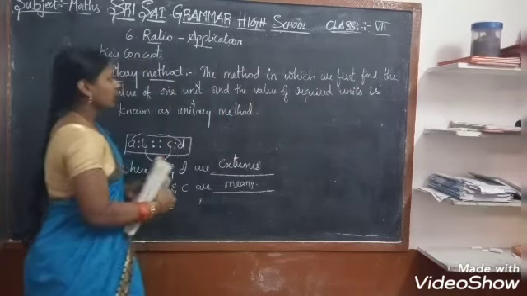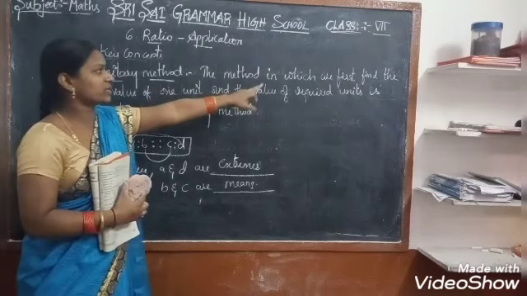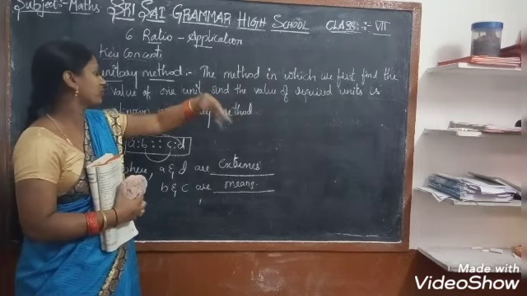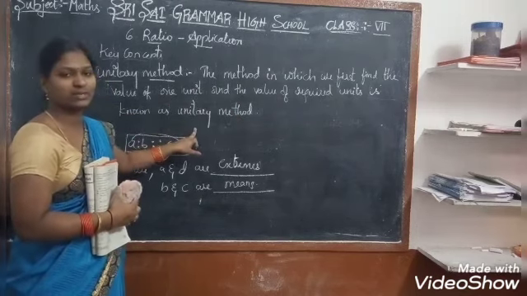Understood? Here, the method in which we first find the value of 1 unit and the value of required units is known as unitary method.